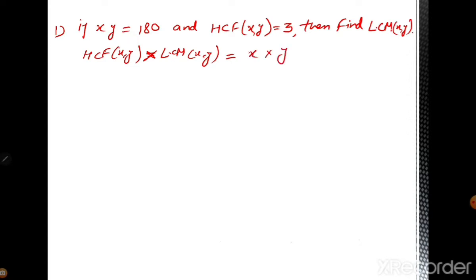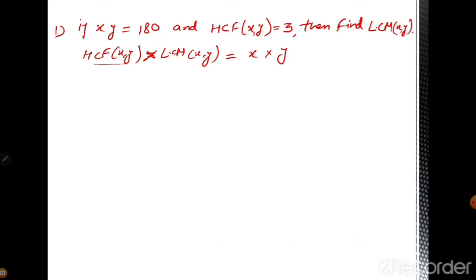So we are given 3 terms. Sometimes x and y are given, and one of HCF and LCM is given. Here, one term, HCF, is given, and the product of these two numbers together is given. So we'll substitute the values and find the LCM.